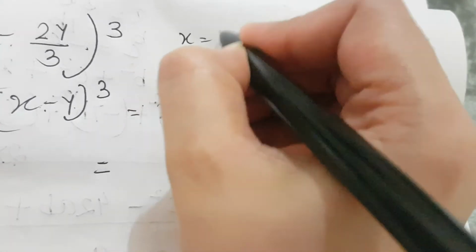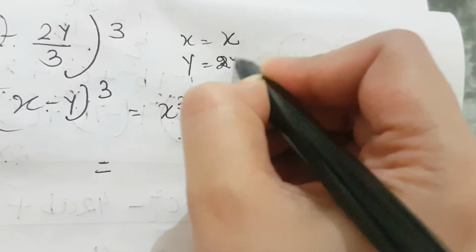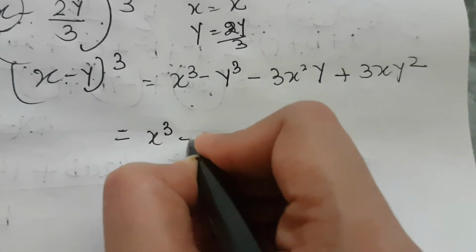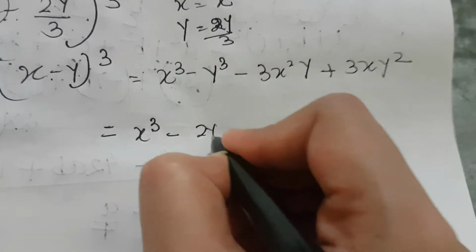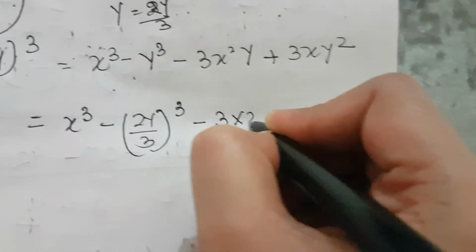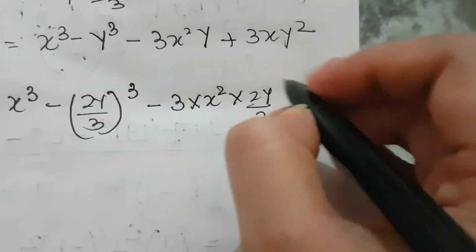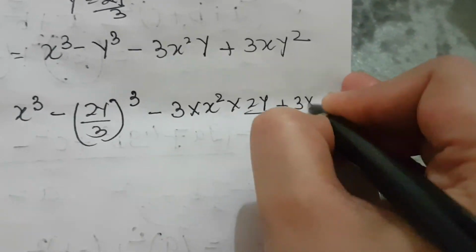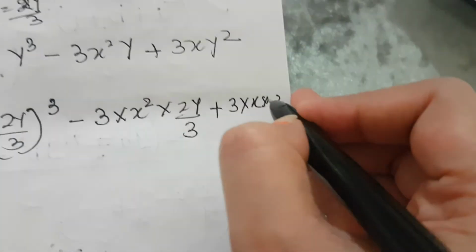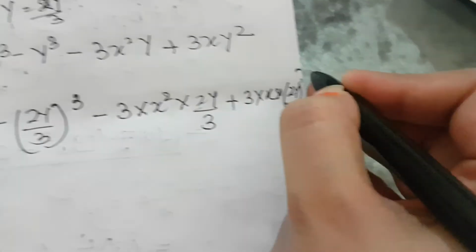Now put the values. What is the value of x? x itself. What is the value of y? 2y by 3. So in place of x cube only x cube, and in place of y cube, (2y upon 3) whole cube, minus 3 into x square into 2y by 3 plus 3 into x into (2y by 3) whole square.